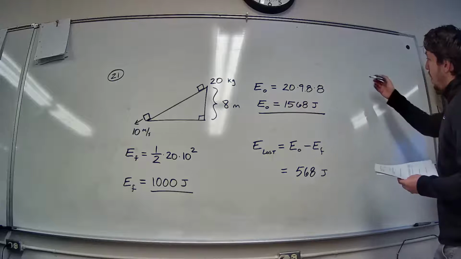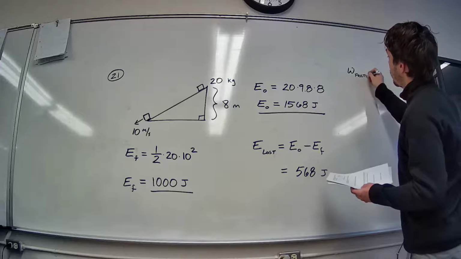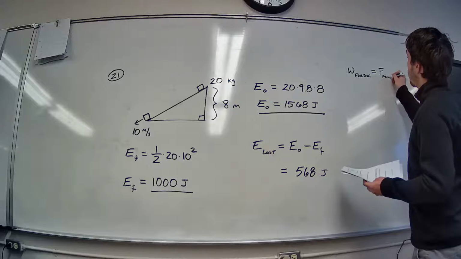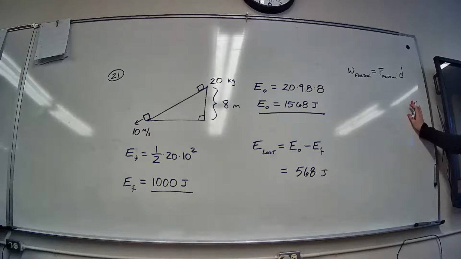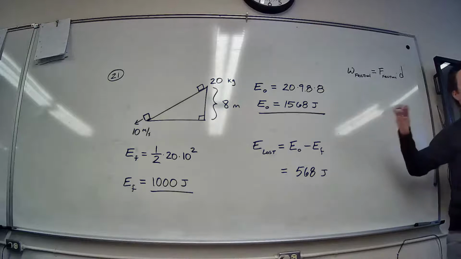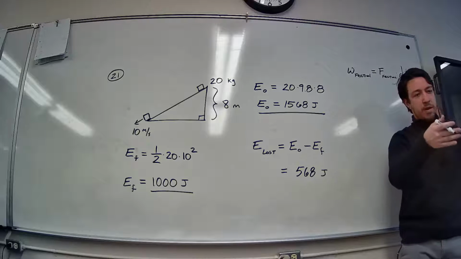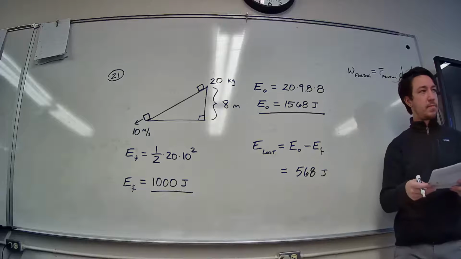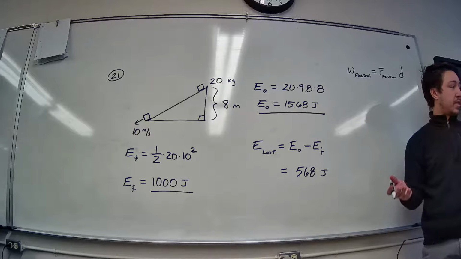So the work done by friction is equal to the friction force times the distance over which that force was exerted. Make sense? The work done by friction tells you how much energy friction has sapped out of the system. That's a big idea. Hopefully that makes sense to you.